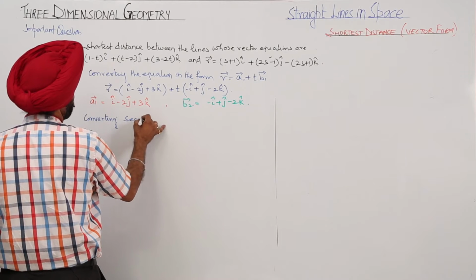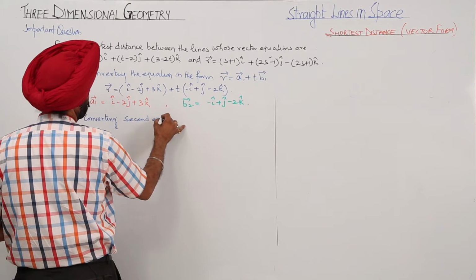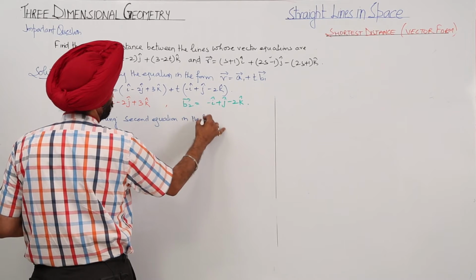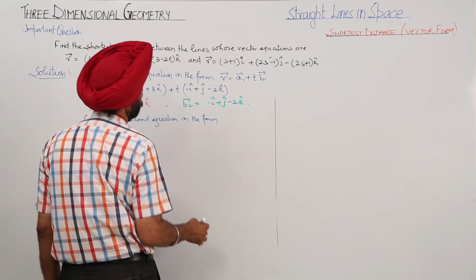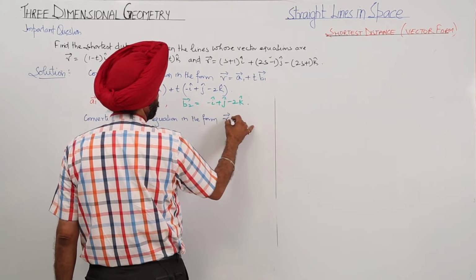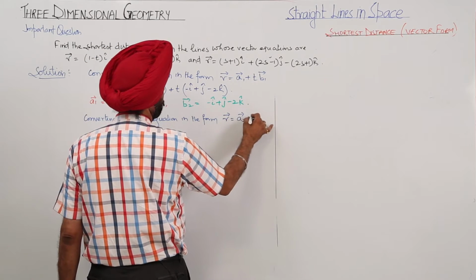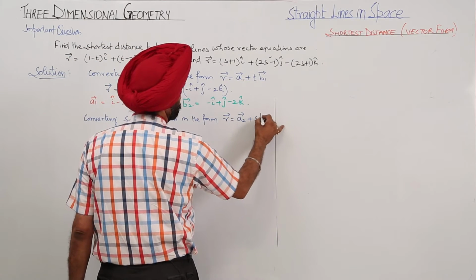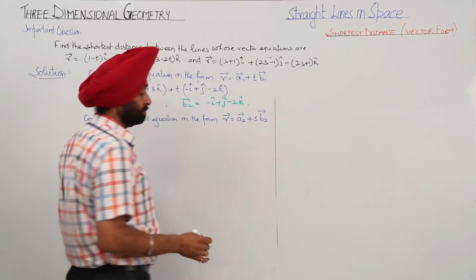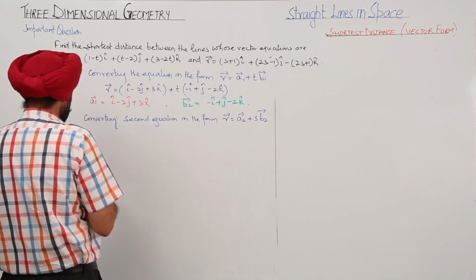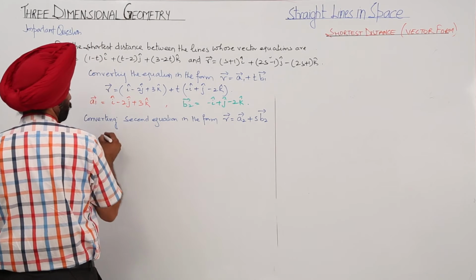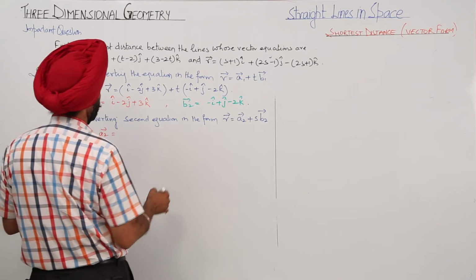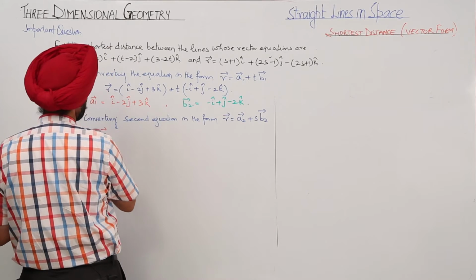Converting the second equation in the form vector r is equal to vector a2 plus, now in the second equation they have given s, vector b2. First of all let me convert it, I am sorry.